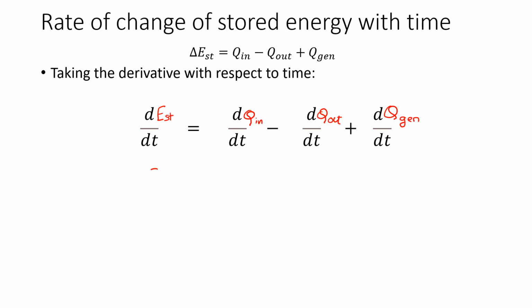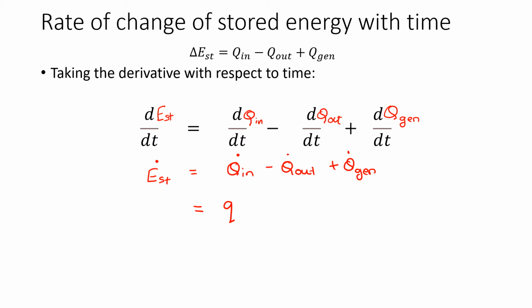This will give us E_ST dot. So the dot here means the rate of change of that particular quantity with respect to time, plus Q gen dot, and this can also be written as little q's.